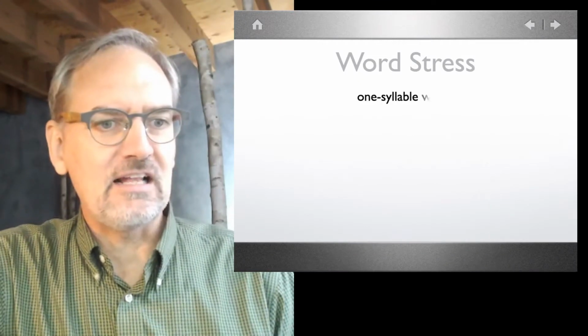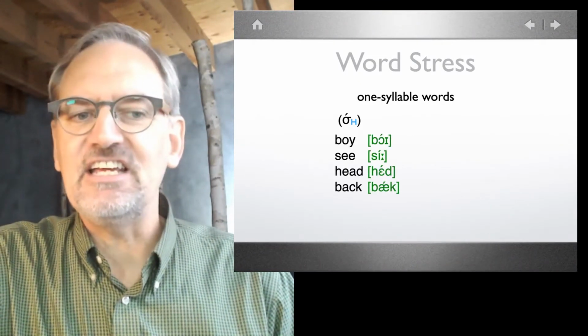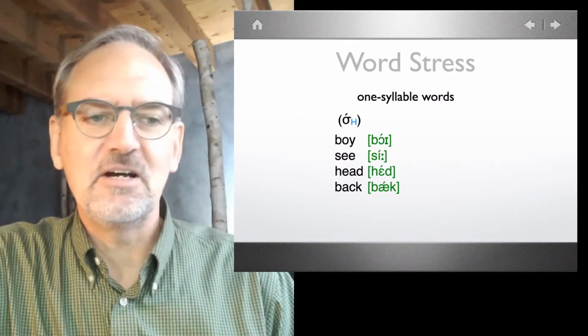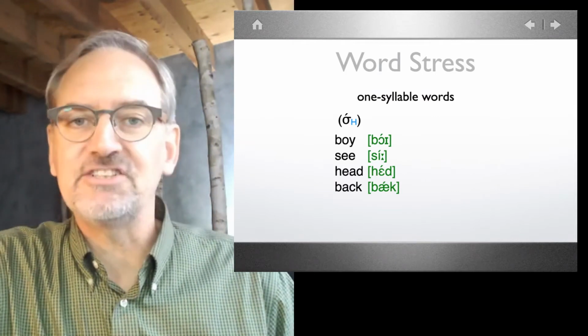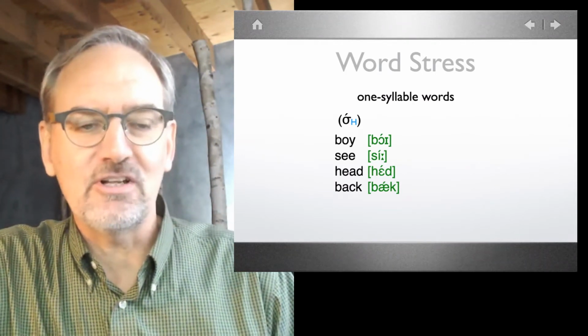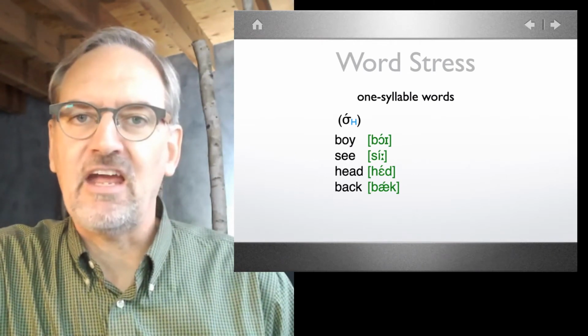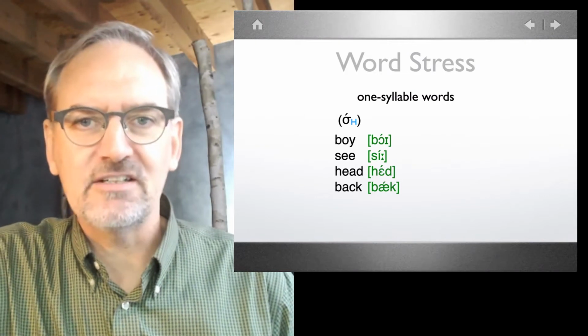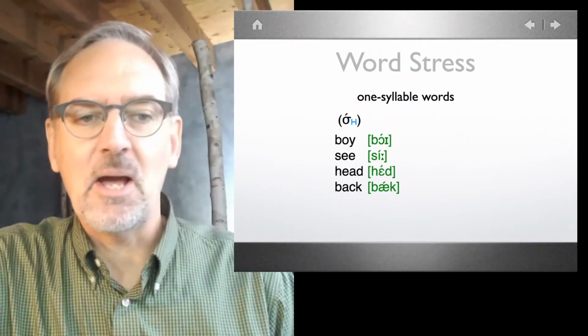So in a word like, let's say, boy, see, head, back, the first 2 words have a branching nucleus, either a diphthong, like boy, or a long vowel, like see, or they have a nucleus and coda in a branching rhyme, right? Like head and back.